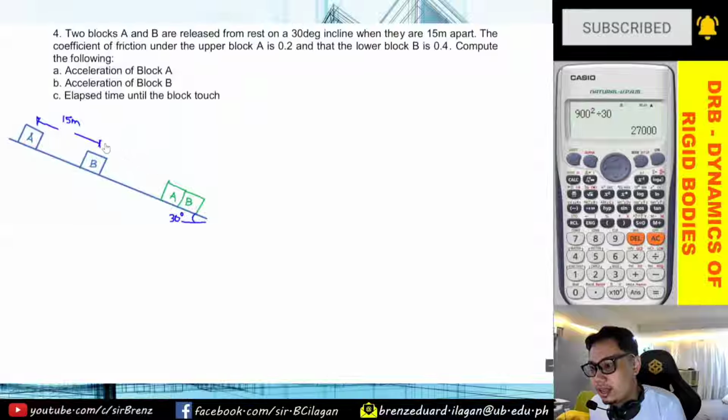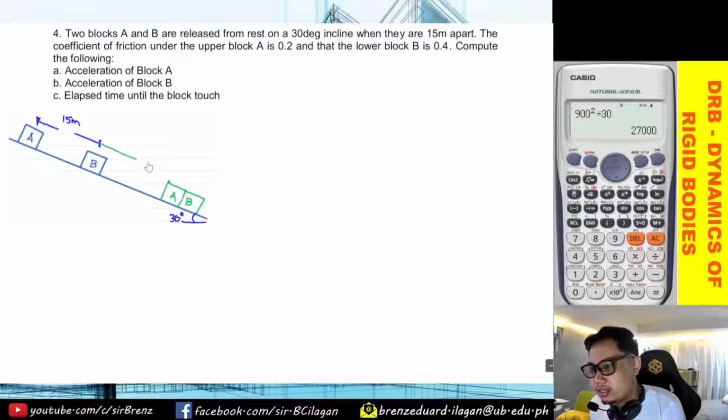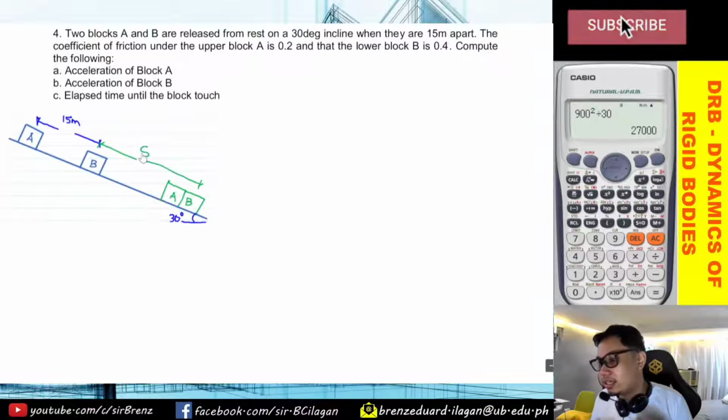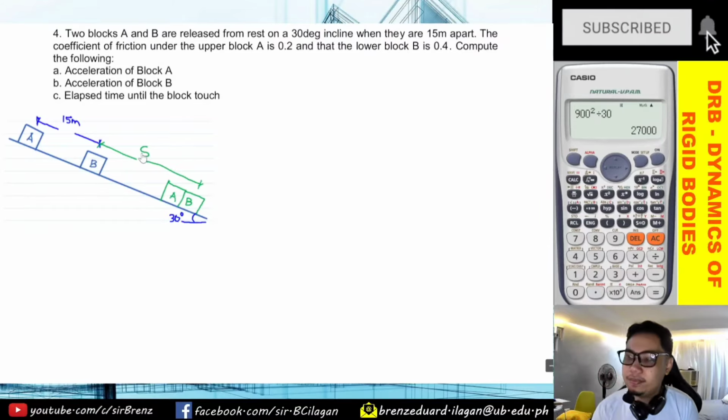So, I will denote this distance as distance S, because we will use that relationship later on.